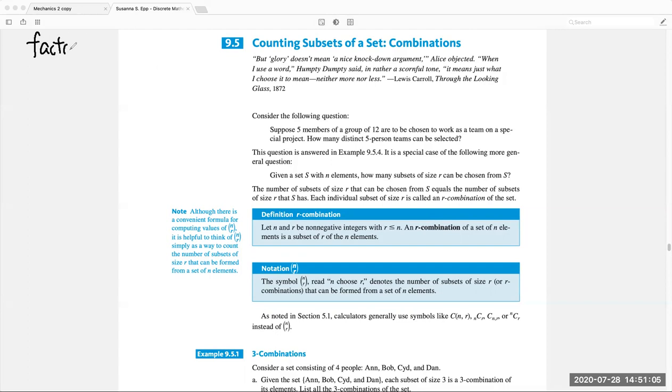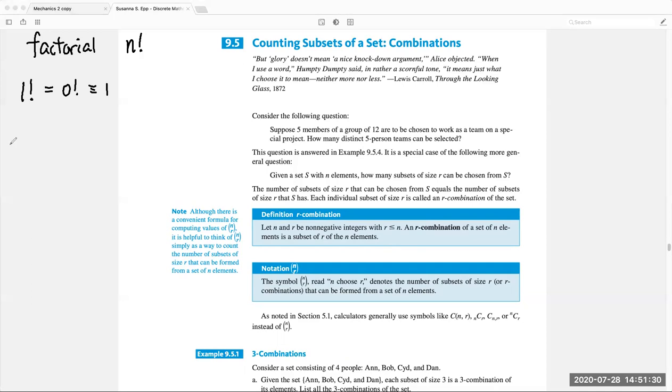I think yes. So n factorial means n times n minus 1 times up to 1. 1 factorial is 1, and 0 factorial is defined to be 1. That's it.